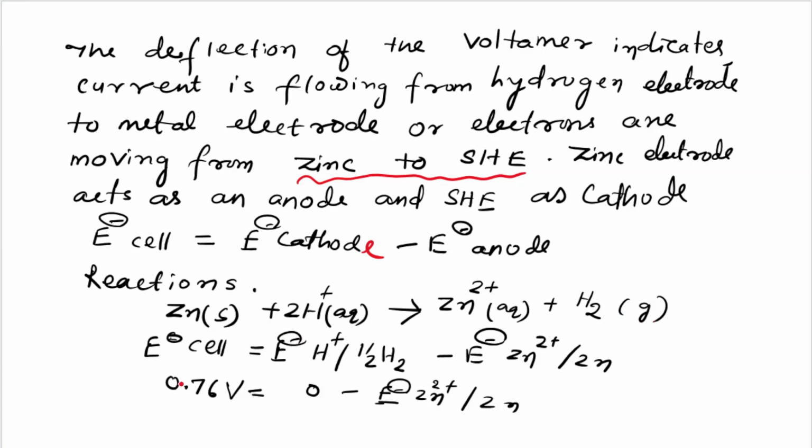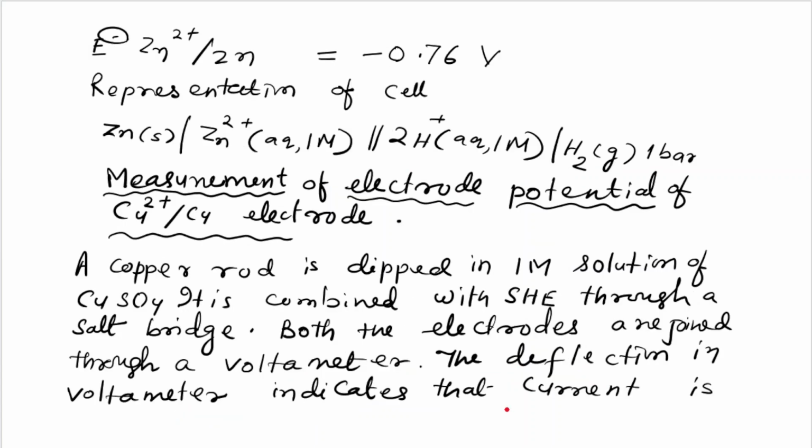So E0 cell, this is called cathode, this is called anode, and the E cell value given by the voltmeter is 0.76 volt, and E S.H.E., what is the value? 0. So 0 minus this value, you will get the zinc electrode value, that is minus 0.76.